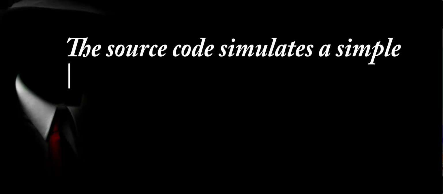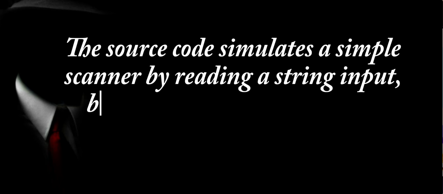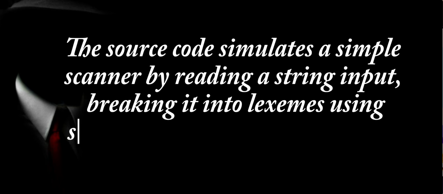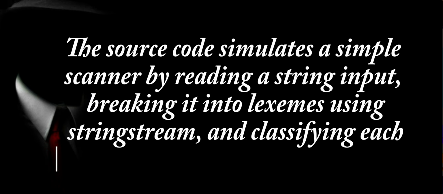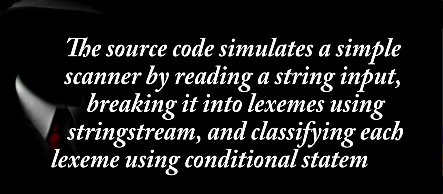So also in this activity, there is a question where we need to discuss the source code. The source code simulates a simple scanner by reading a string input, breaking it into lexemes using string stream, and classifying each lexeme using conditional statements.